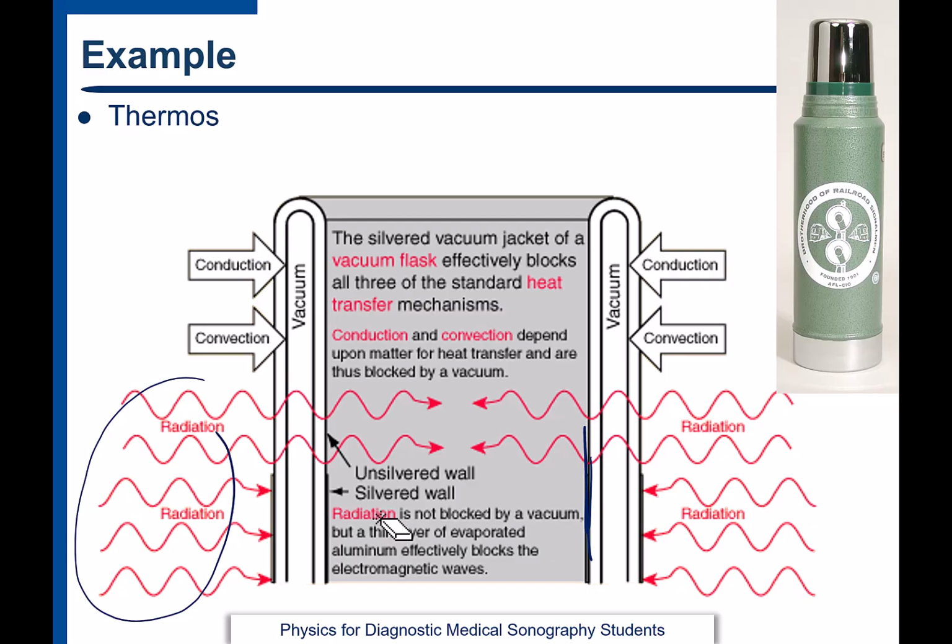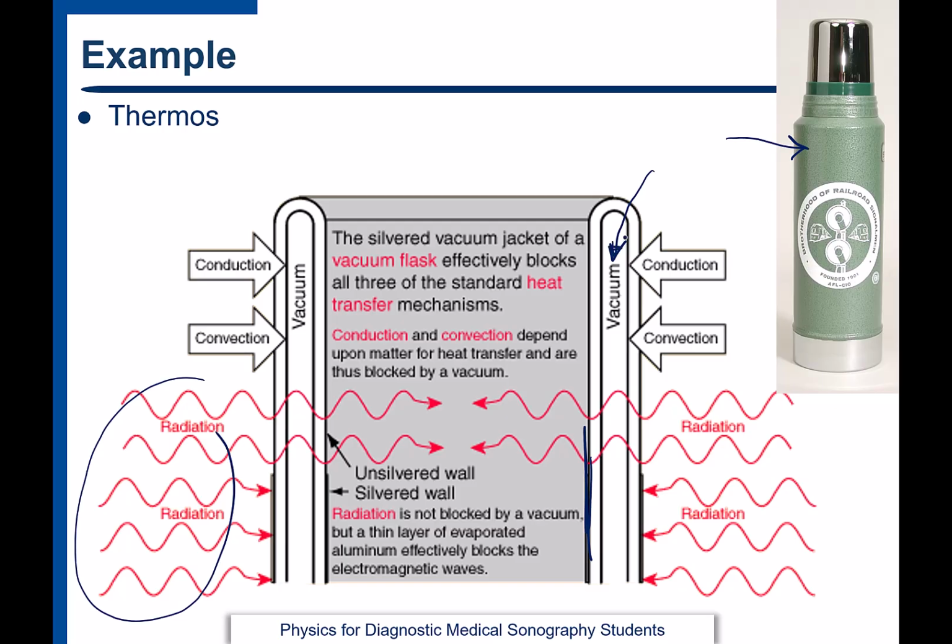In terms of conduction and convection, what we do is we create a vacuum. And so lots of thermoses now are made of metal, but they still have a vacuum. In the old days, they used to be glass. But the idea is we suck all the air out of the inside there.